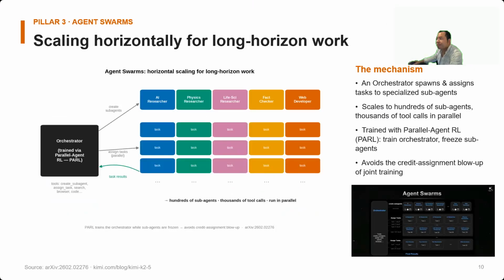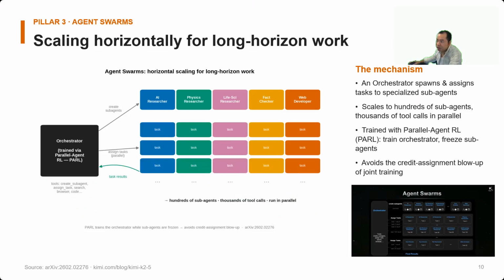So Pillar 3 turns a single model into a horizontal compute engine. The idea is an orchestrator that dynamically spawns specialized sub-agents. For example, a sub-agent could be an AI researcher, a physics researcher, a fact checker, a web developer, and so on.